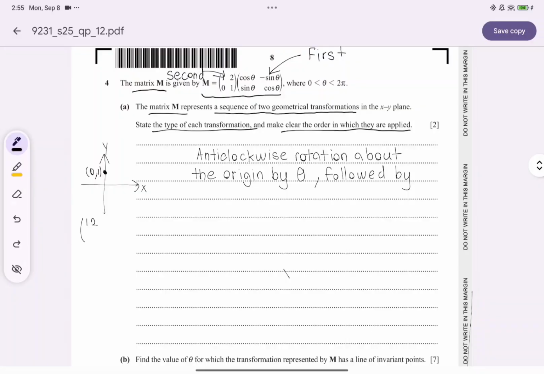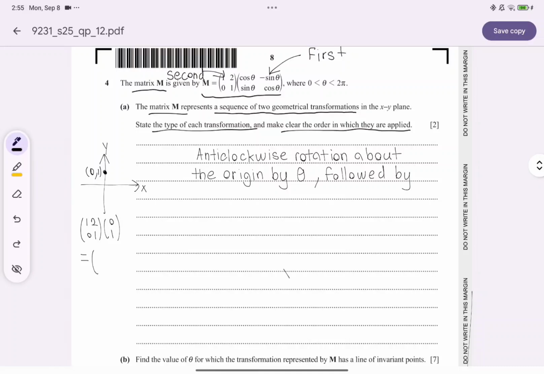Okay, now let's multiply this matrix by (0, 1). You can do it on your calculator or manually. So you know what, let me just do it manually.